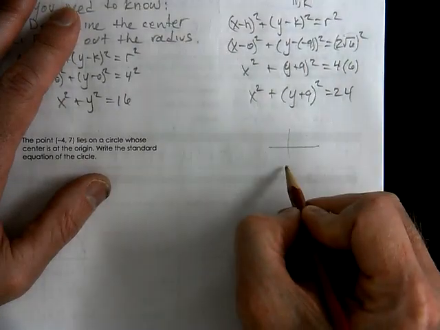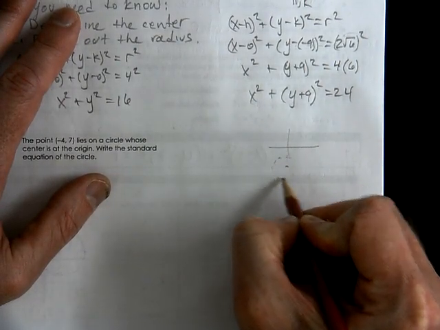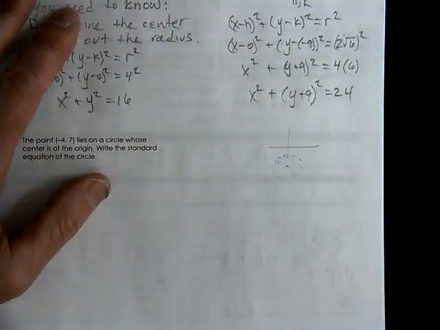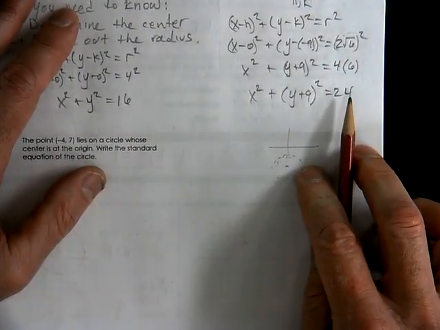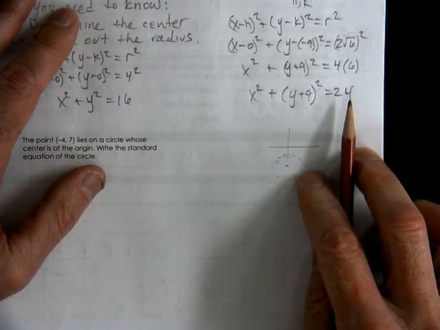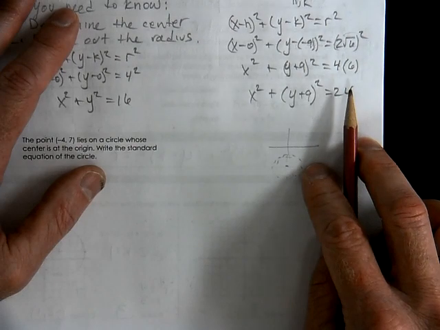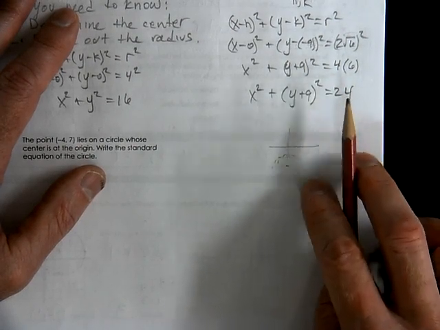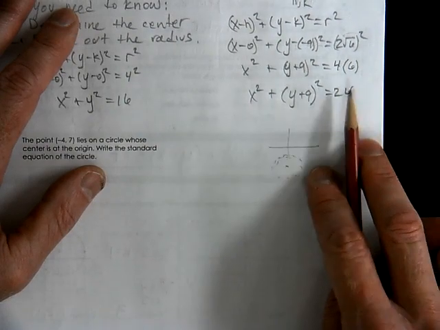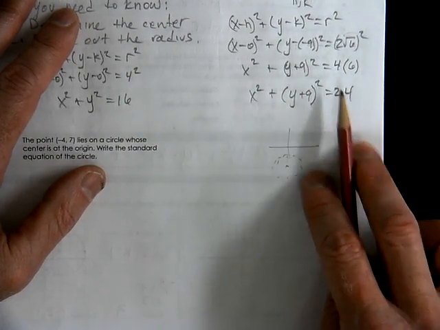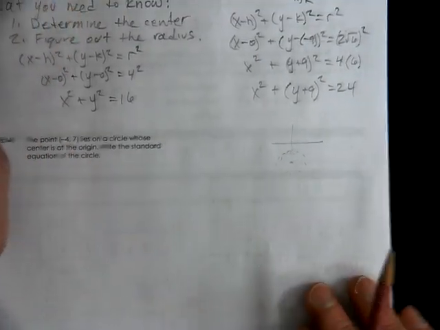So our radius, I would count up 5 and a little bit less if I was making my graph. A little bit less than 5. Definitely a lot more than 4. But it is less than 5. Because 4 would require a 16 to be there. This is way bigger than 16. But this is less than 25. Square root of 25 is 5. So this is less than 5.